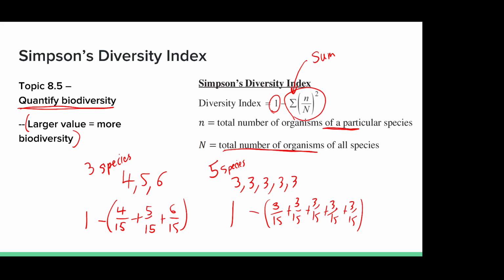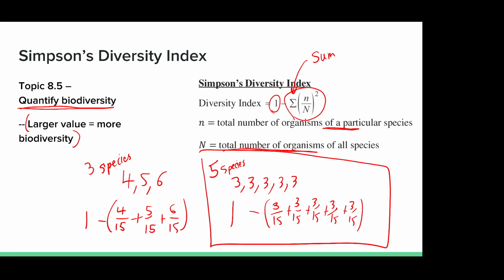Basically, if you did the math, because you're doing these 3 fractions, that term is going to end up smaller than those 5. And as a result, we're going to have a bigger difference here than in the 3 species one.